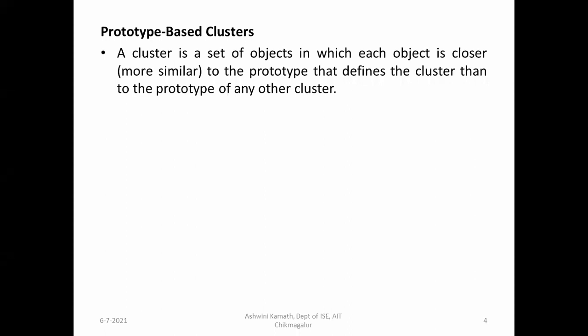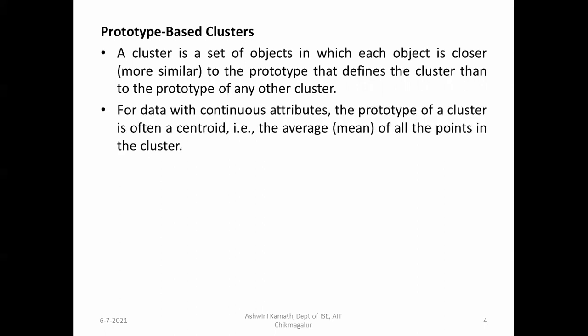So here a cluster is a set of objects in which each object is closer to the prototype. Prototype means the measure or the point whichever you have considered. Objects in that cluster will be closer to that prototype, and the distance will be more from the prototype of any other cluster.